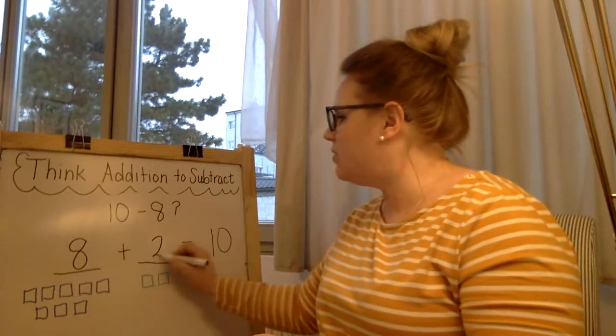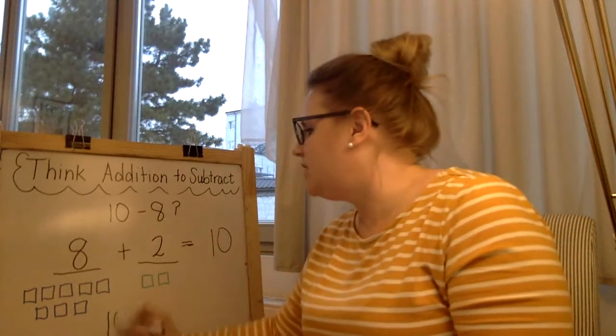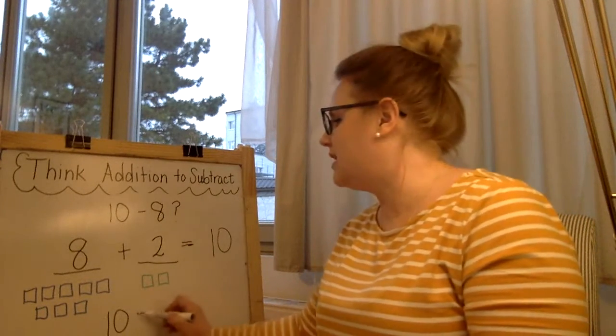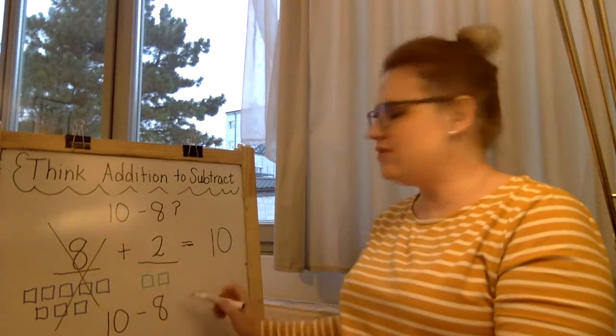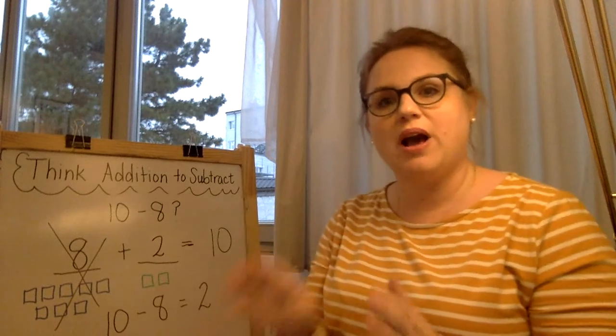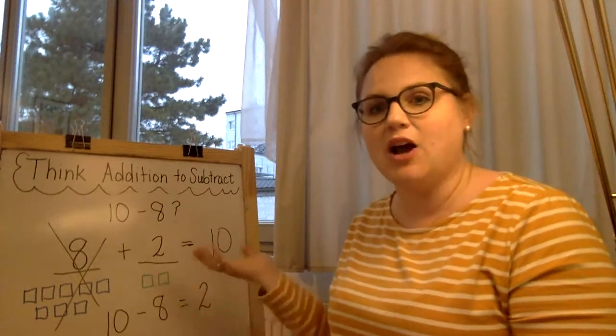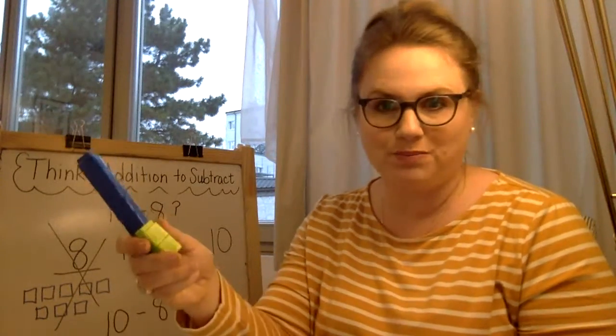So in this blank would go the number 2. And then if I want to solve 10 minus 8, I simply say 10, take away the 8, which would leave 2. Okay, so I wanted to show you how you could also draw this to help you solve it if you don't have something like Unifix cubes at home.